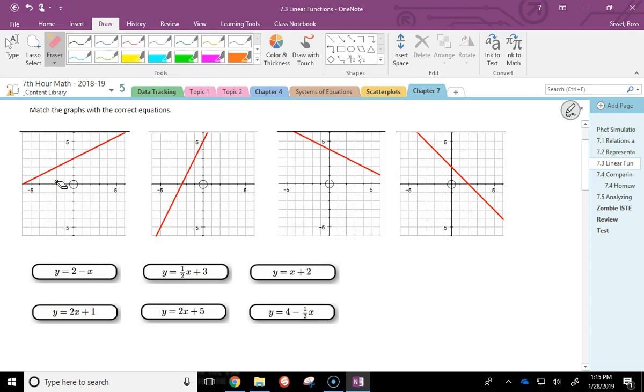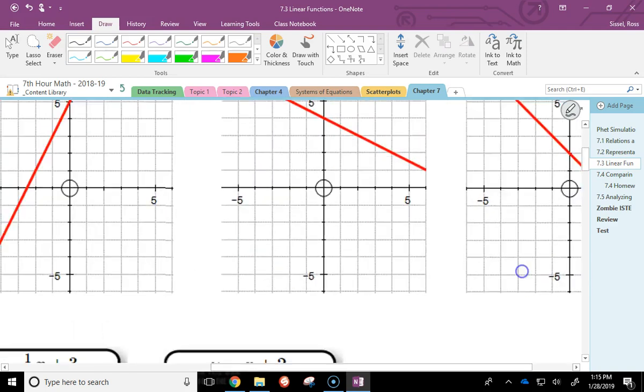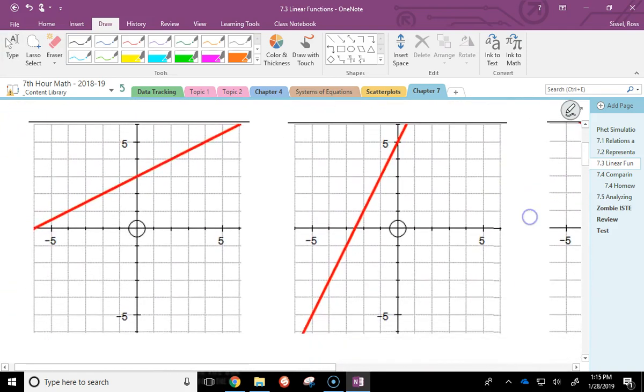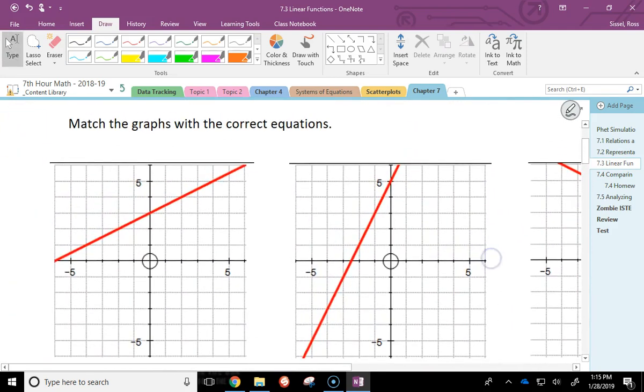Can I have Cohen? Yes, ma'am. All right. Rylan, do you have an idea? Okay. Y equals 2x plus 1. This is not 2x plus 1. Tyler?